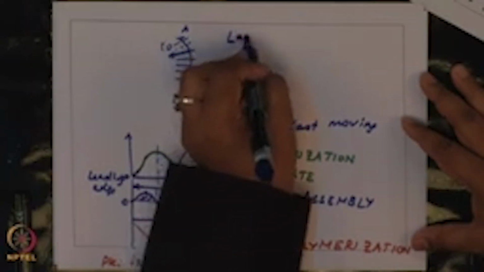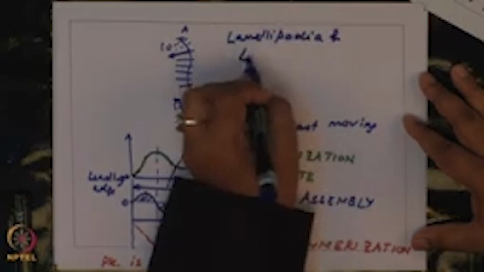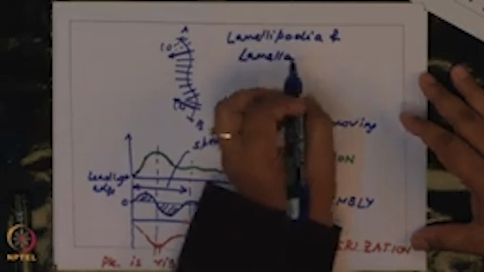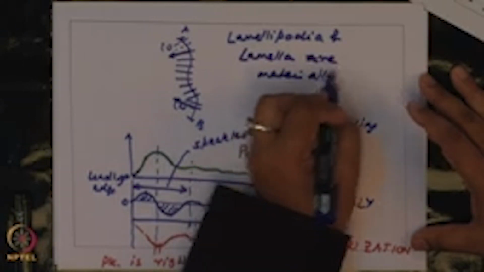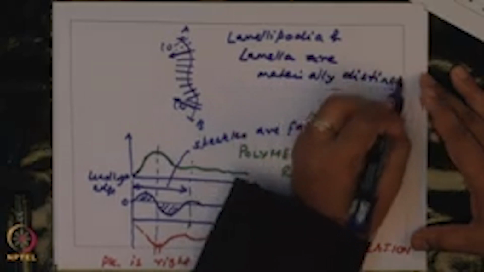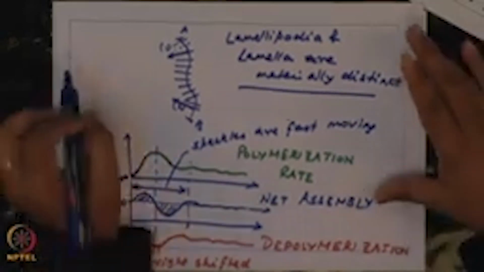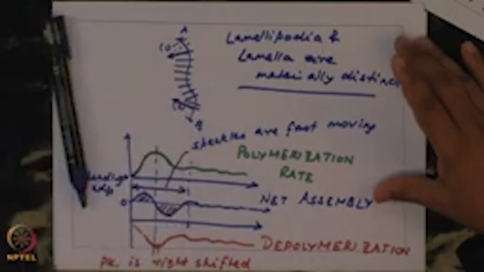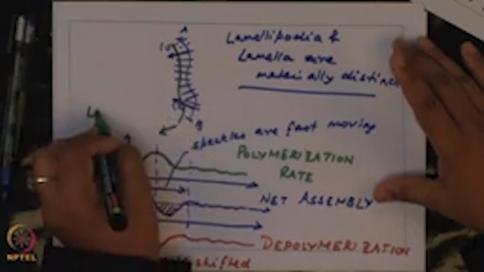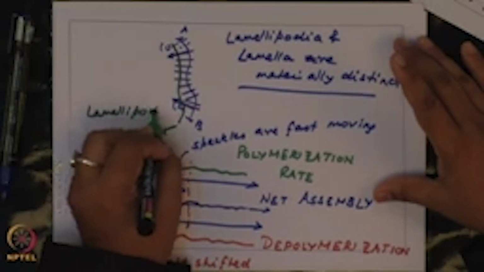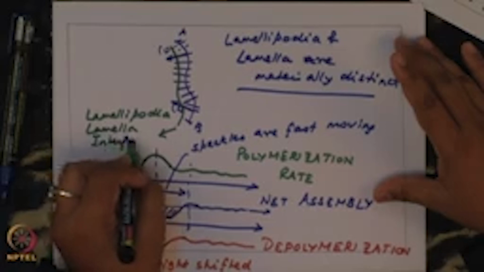lamellipodia and lamella, are materially distinct. When you say lamellipodia and lamella are materially distinct, let us assume this line is the interface between the lamellipodia and the lamella.